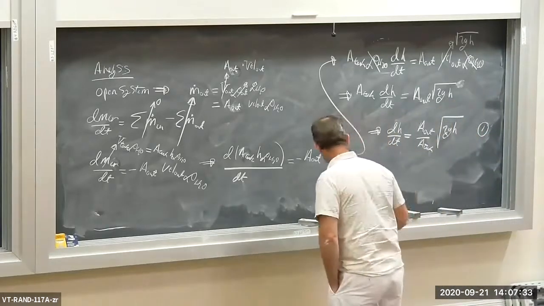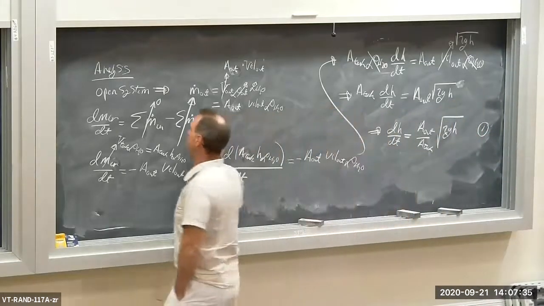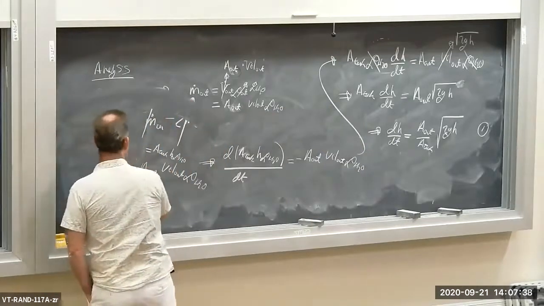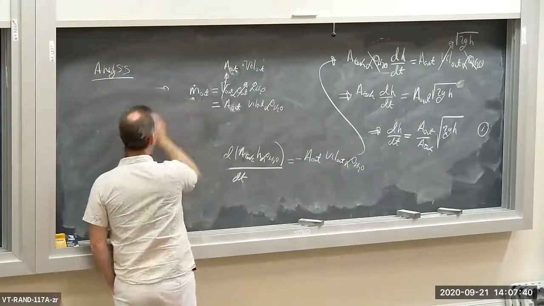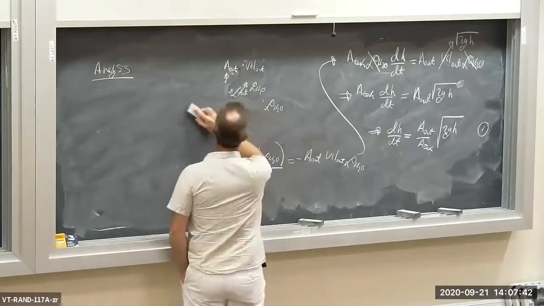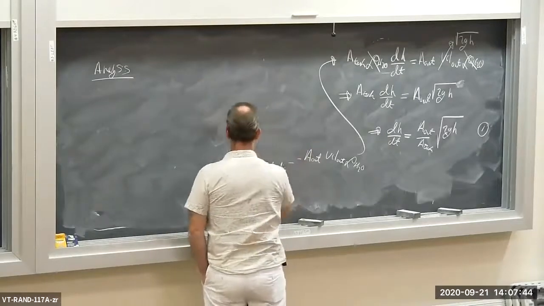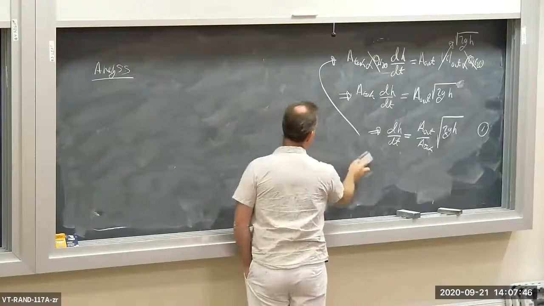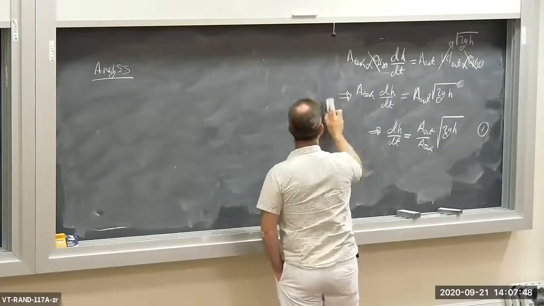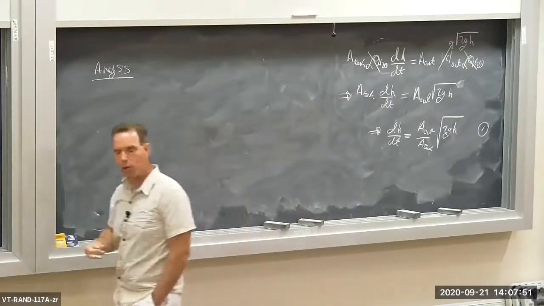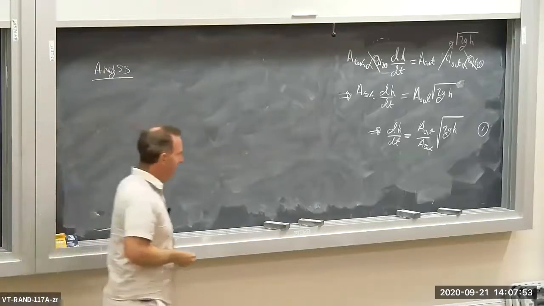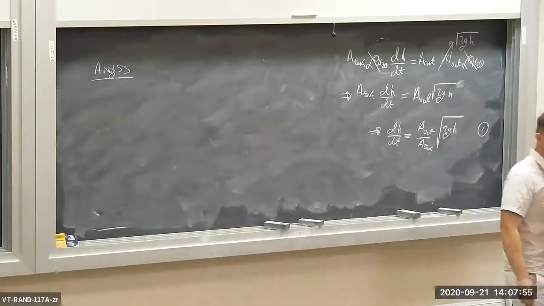And I'm going to erase some of this stuff over here. Application of open system mass balance. So we have a differential equation there, equation 1, which gives me the rate of change of height within my tank. How do we get the amount of time it takes to drain the tank by 90%?